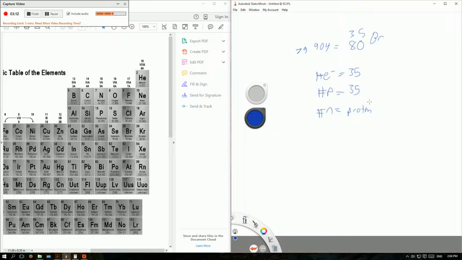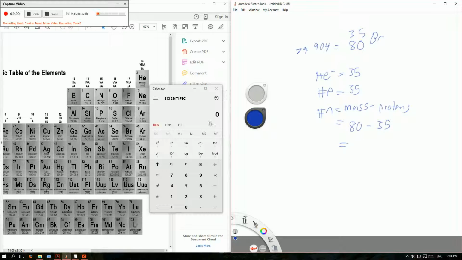Number of neutrons is equal to the mass minus protons, which is equal to 80 minus 35, which happens to be 45.